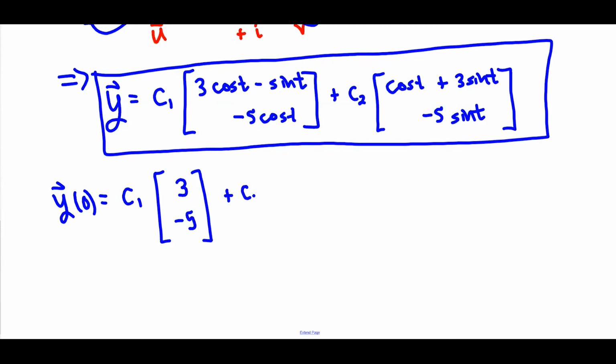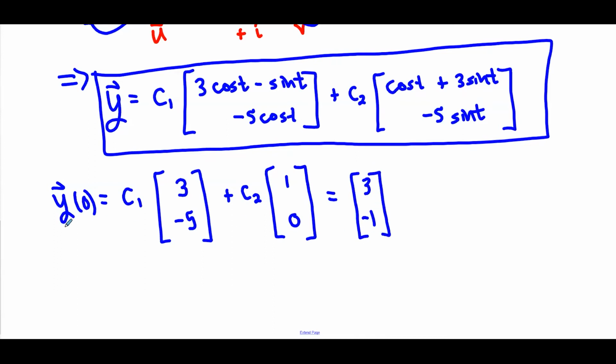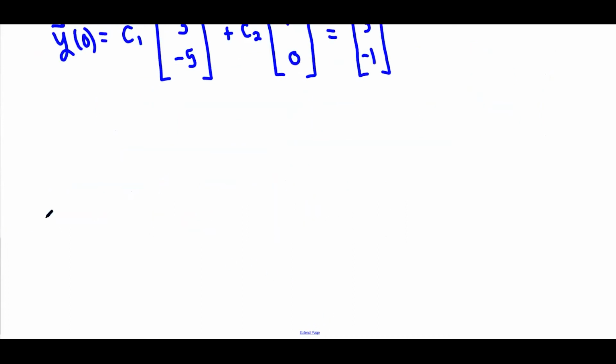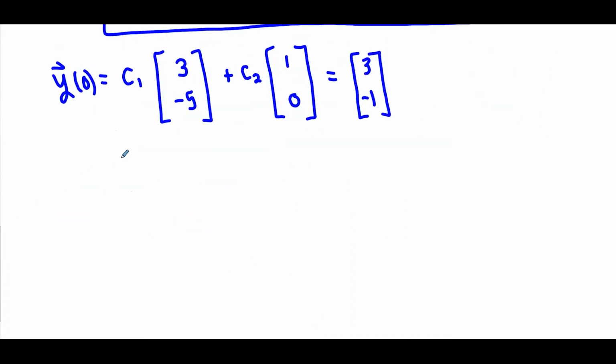Do the same thing for C2. Second vector, cosine of 0 is 1, plus 3 times sine of 0 is 0. And second component, again, sine of 0 is 0, so we get 0 there. And we set this equal to 3, negative 1. We're going to solve for the two constants. So I'm going to put this in a matrix.